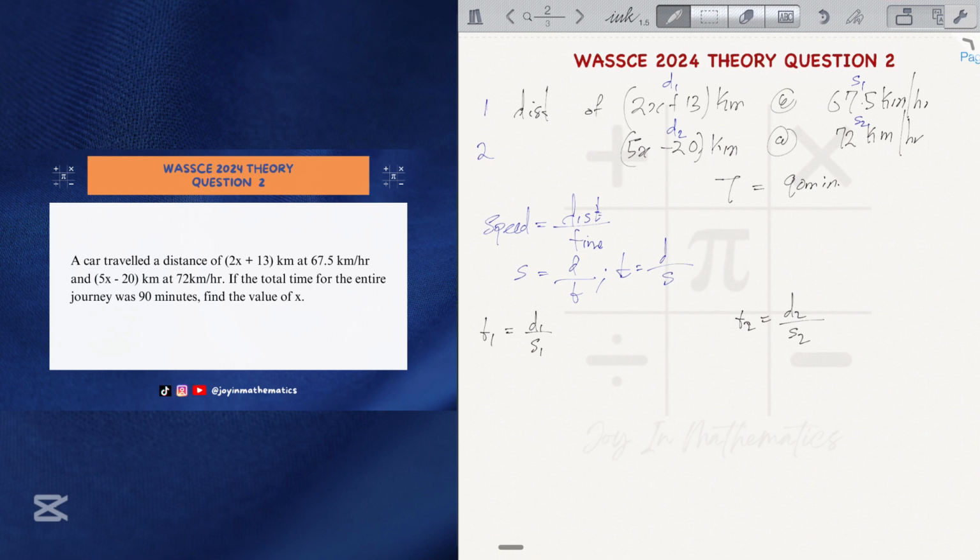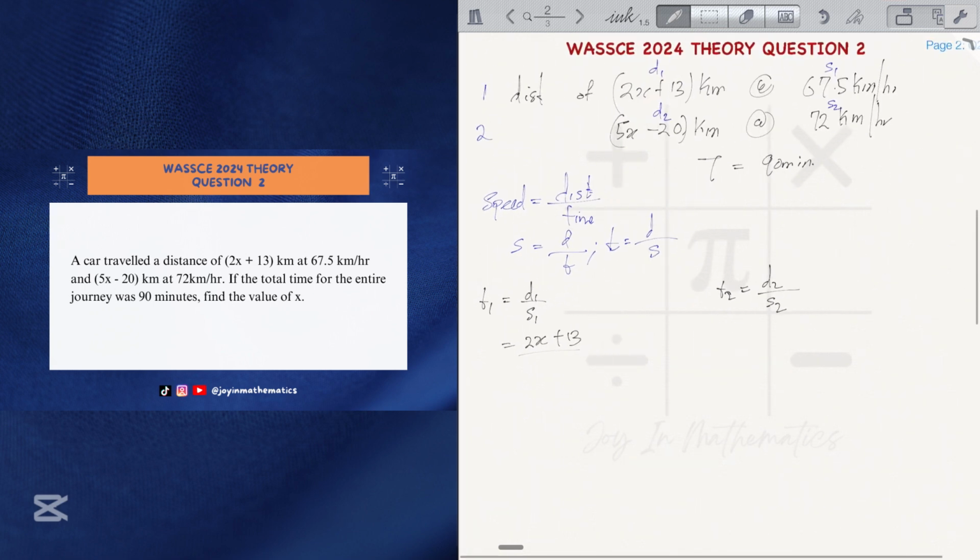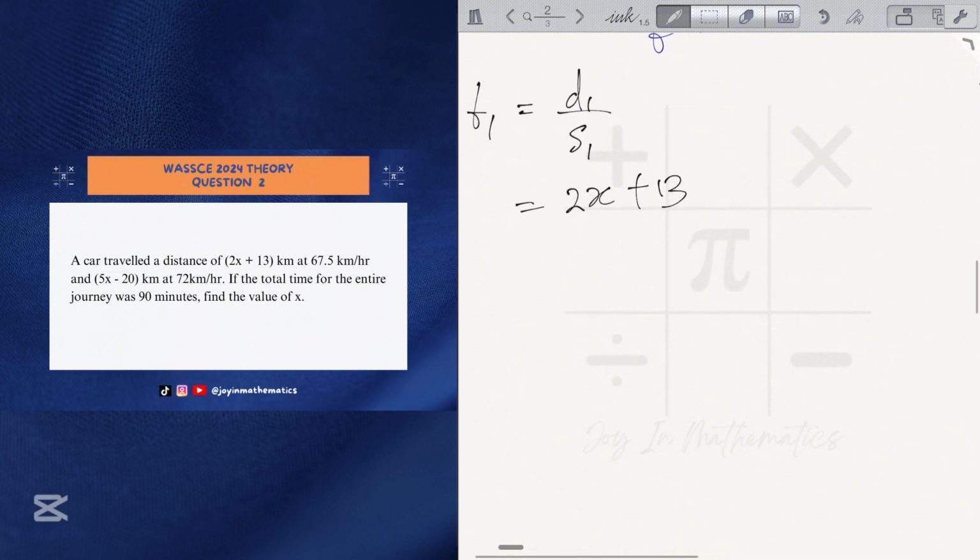Now D1 is the first scenario, the first distance the car traveled, which is 2x plus 13 kilometers, at a speed S1 of 67.5 kilometers per hour. So let's put the units there.